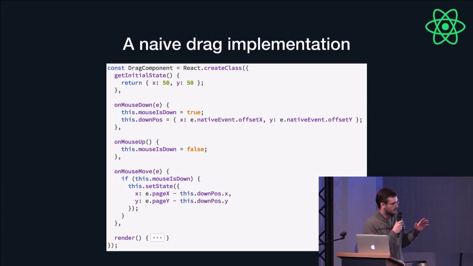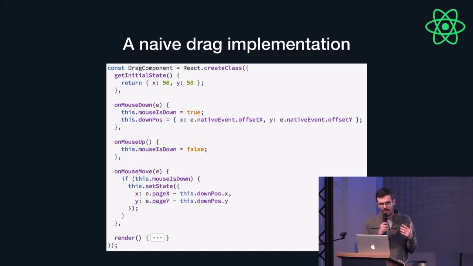So let's look at just a slightly more complicated example. It's a very naive drag component implementation. And if we try, like for the other component, to describe what's happening there, it becomes a lot more complicated. When the user presses the button of the mouse, the on-mouse-down handler is called. It sets the mouse-is-down intermediate state to true, and a down-position intermediate state for further calculation.